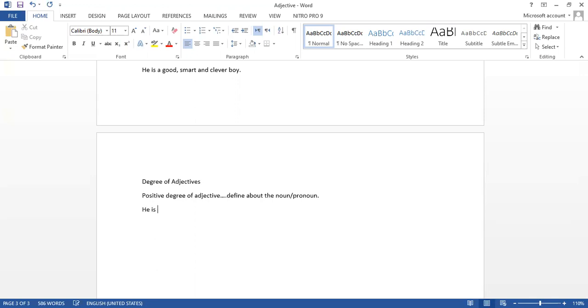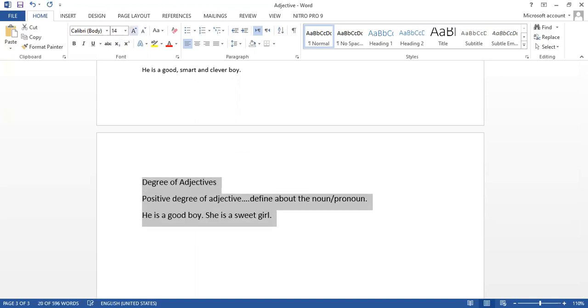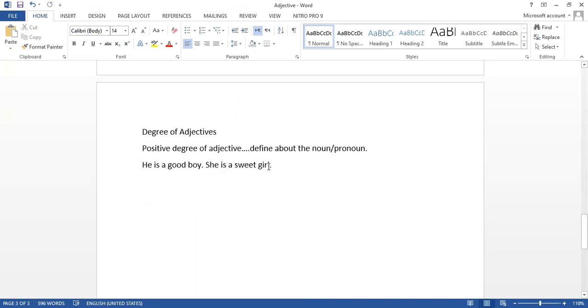For example, he's a good boy, or she's a sweet girl. We have three degrees of adjective: positive, comparative, and superlative. In the positive degree, we define a noun or pronoun: he's a good boy, she's a sweet girl, he's a bad boy, the weather is hot, the weather is cool. These are the positive degree of an adjective.